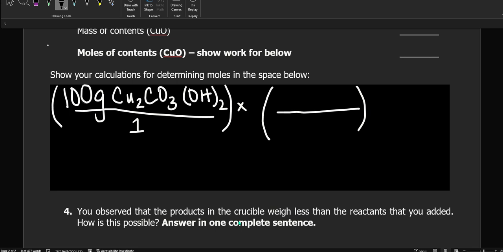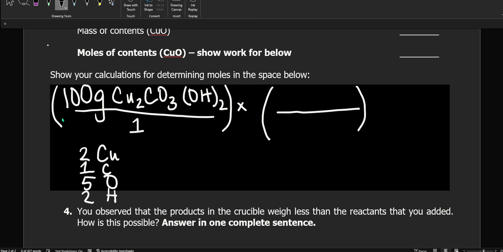You would be adding up, you have 2 coppers, you have 1 carbon, you have 3 oxygens right here. You actually have 2 more here, so that's actually 5. And then I have 2 hydrogens.